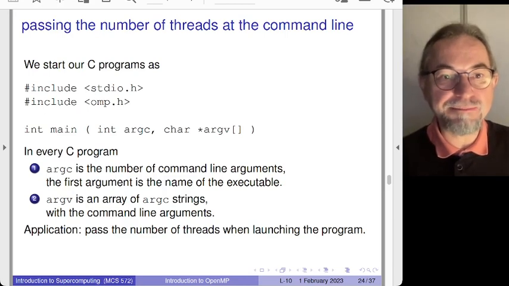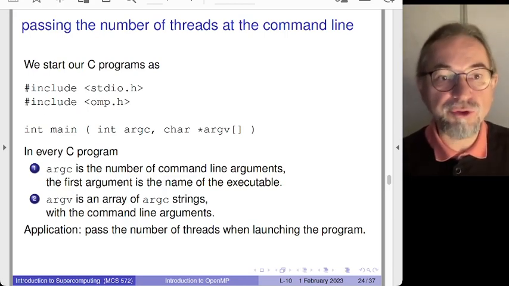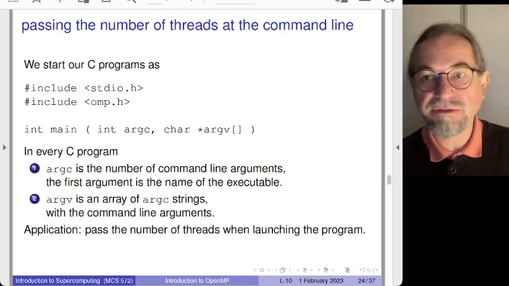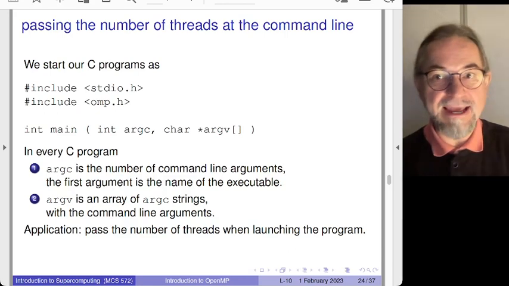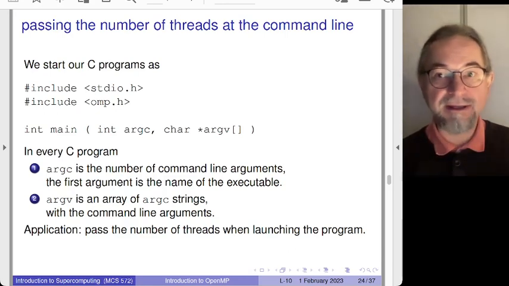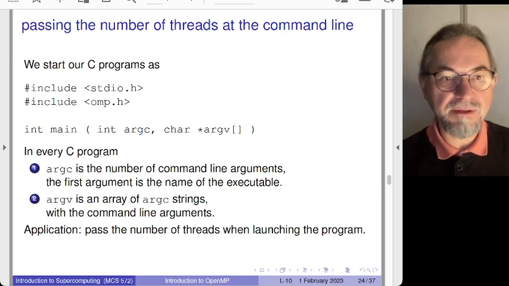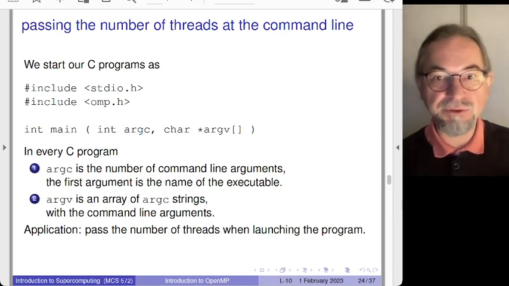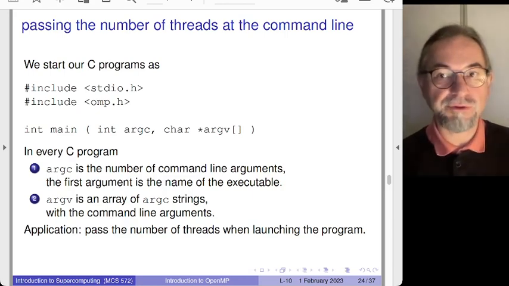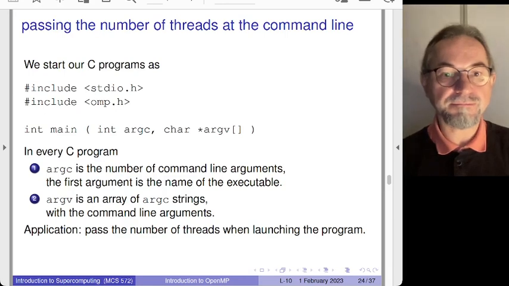So in every C program you can get the number of command line arguments, so you can check whether the user of the program specified any extra arguments, and you can get those arguments from the array of strings. This is, by the way, used in the MPI exec and the MPI environment to get the number of processors you want to be using.